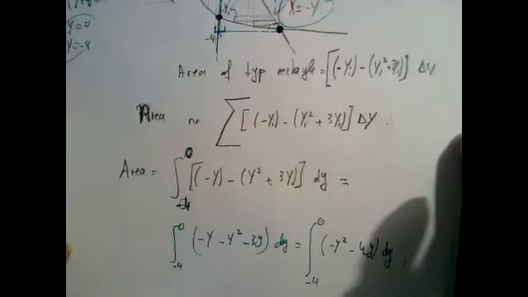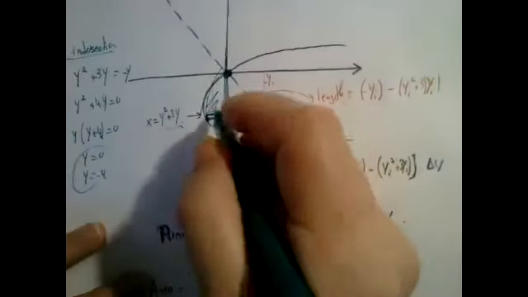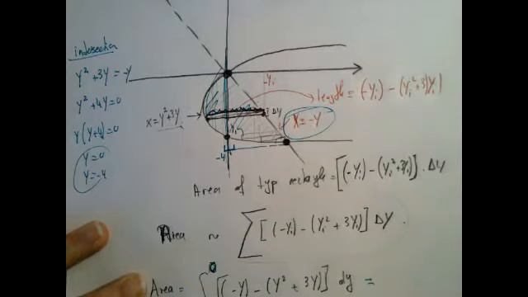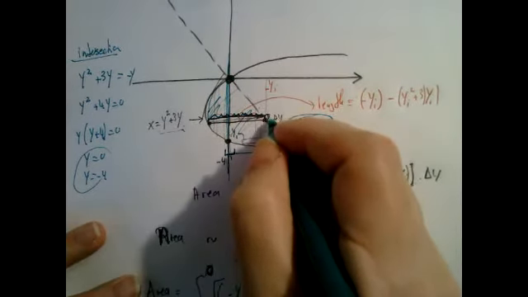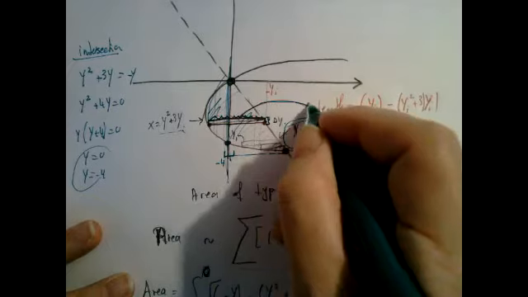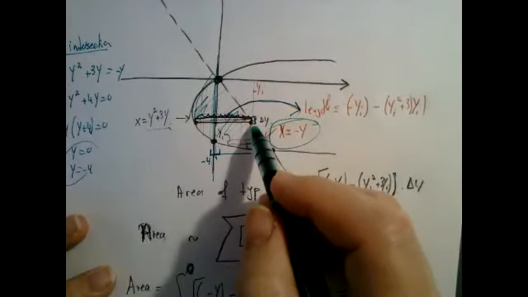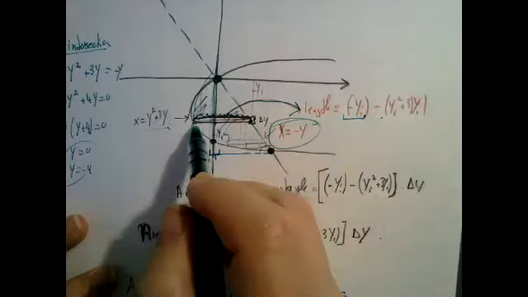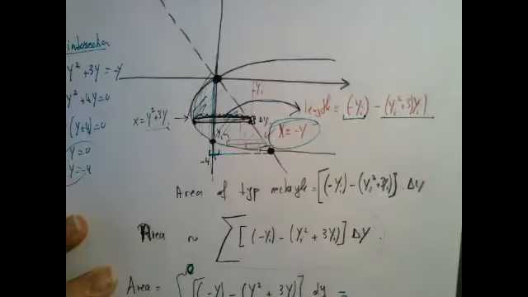Professor, so in the question, you told us to label. Right. It means the typical approximation, from here to here. That's the length, and that's the width. The width is delta y. The length is the right value minus yi, minus the left value, this one.